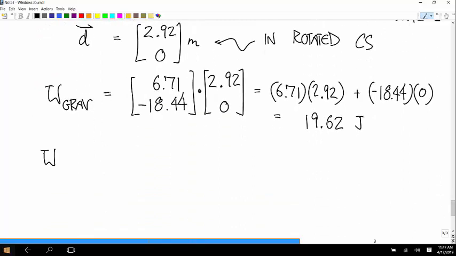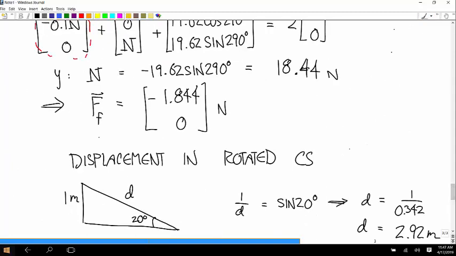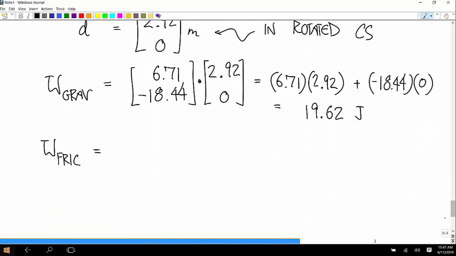And now finally, the reason we had to take this bad detour is the work done by the friction force is the friction force vector, negative 1.844, dotted with the displacement vector, 2.92, 0.